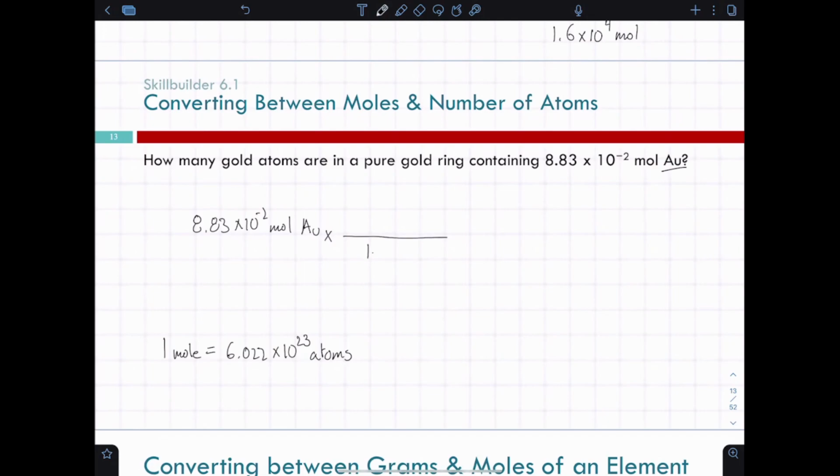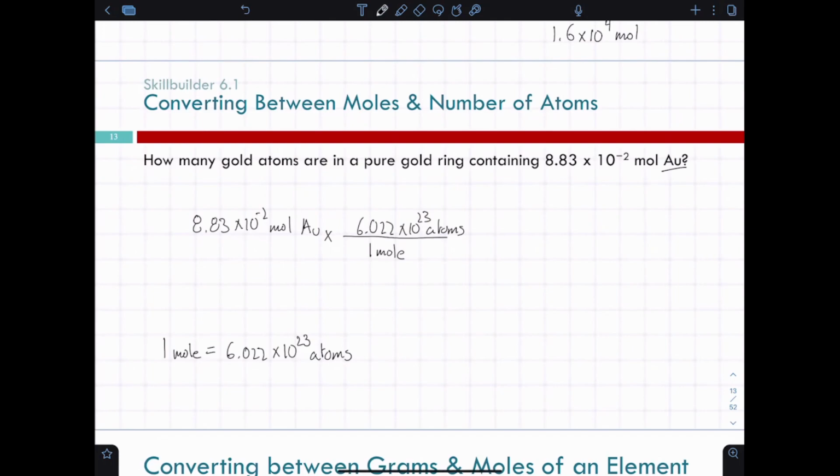Well, we're starting with moles of gold here, so we want to put moles on the bottom. So 1 mole on the bottom, because that'll cancel out, and then we're going to put 6.022 times 10 to the 23 atoms on top.